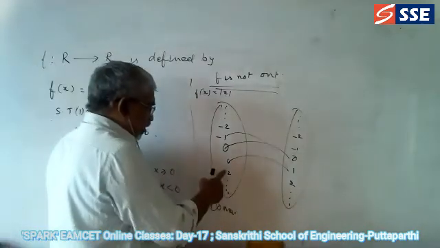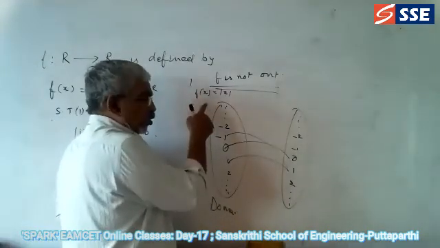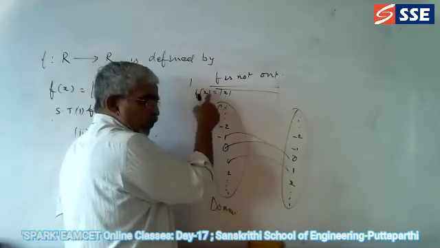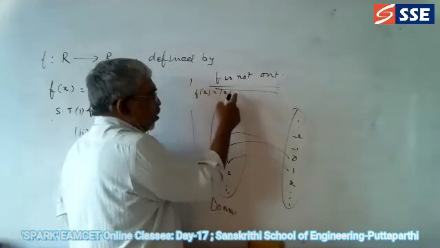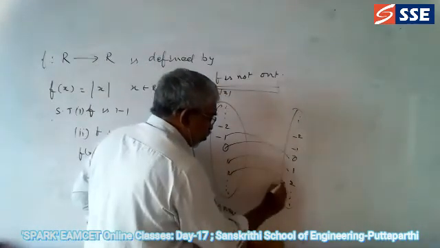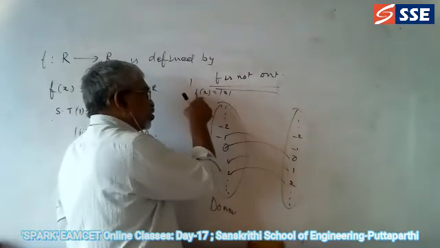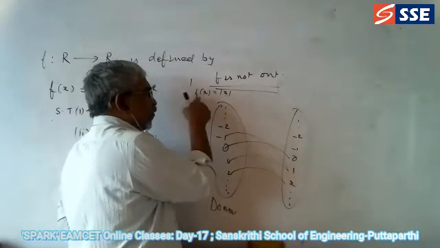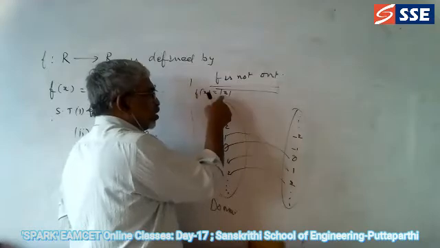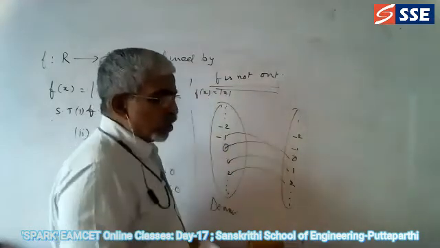And x equal to 2, what do you get? f of 2 equals modulus of 2, modulus of 2 is equal to 2, so we got this. And now x equal to minus 2: f of minus 2 is equal to modulus of minus 2. What is modulus of minus 2?